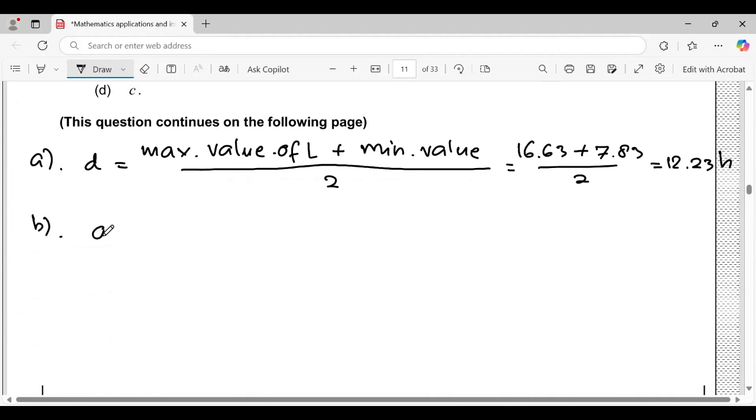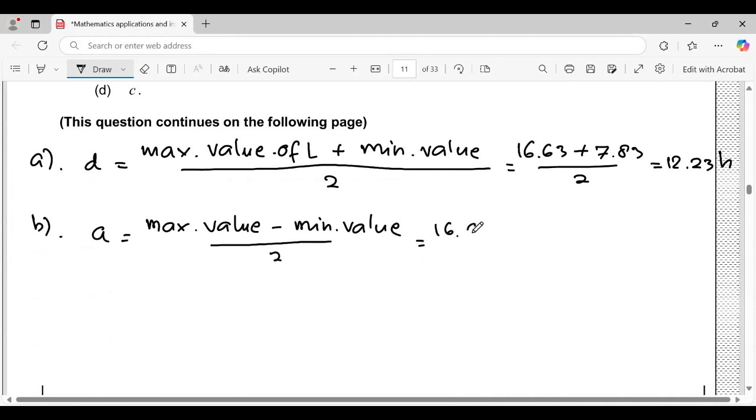A. We can determine A through the formula maximum value minus minimum value of L, divided by 2. And it is 16.63 minus 7.83 divided by 2, equal 4.4 hours.